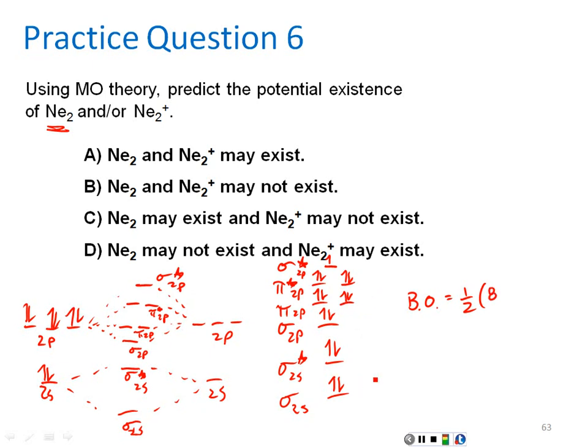Now if we look at anti-bonding, we have 1, 2, 3, 4, 5, 6, 7. Only 7. So we get a bond order of 0.5. So theoretically, neon 2 plus can exist. So our correct multiple choice answer would be D. Neon 2 is not going to exist. Neon 2 plus may exist.